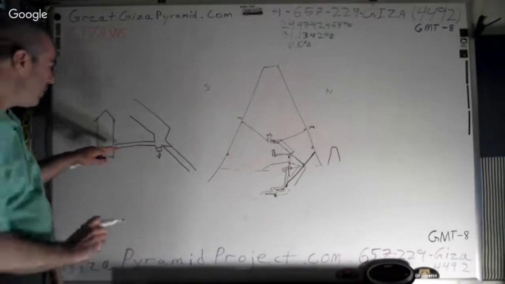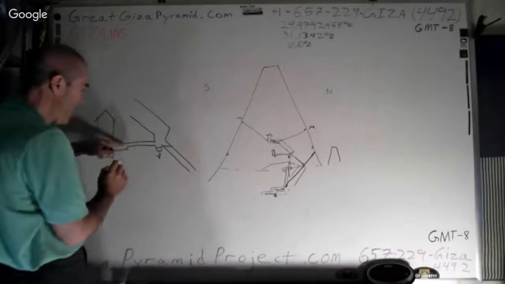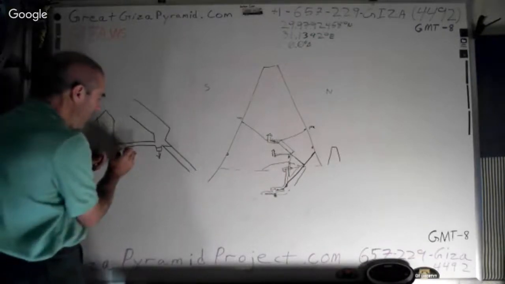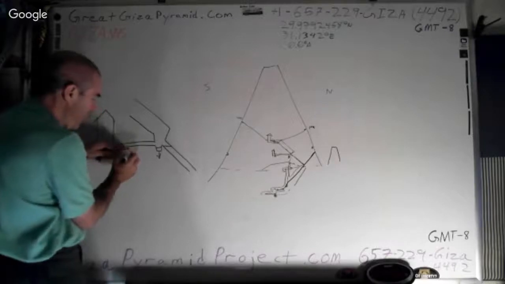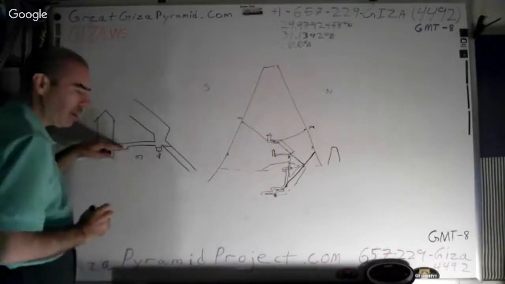I believe, oh, what I didn't draw is there's a thing right there. I believe that would be in this hallway on the step. There's a cutout, about like so.